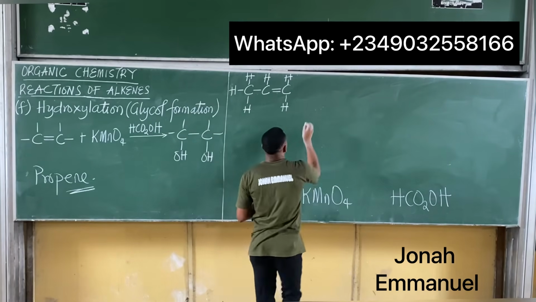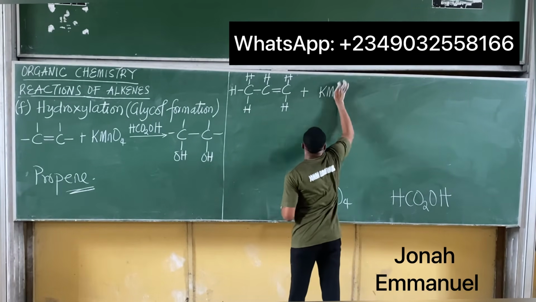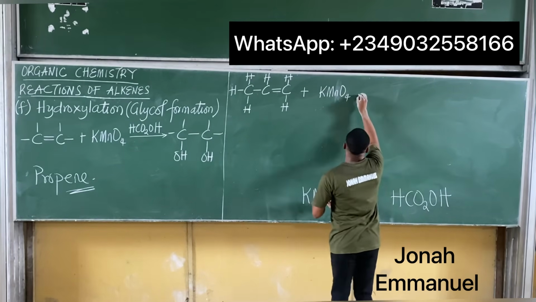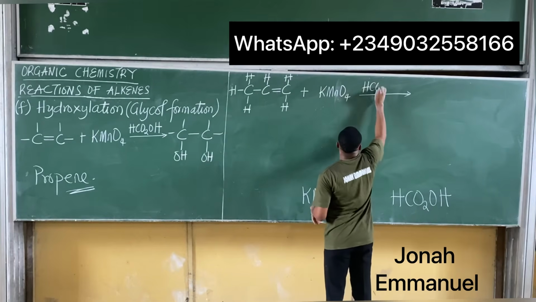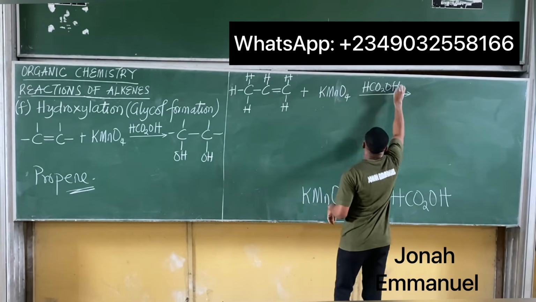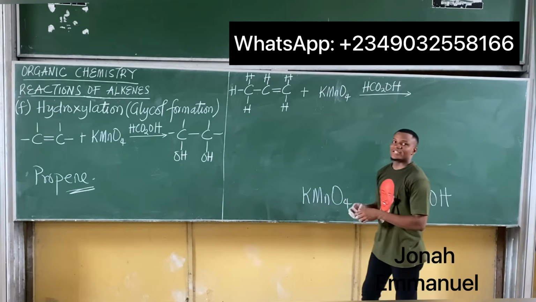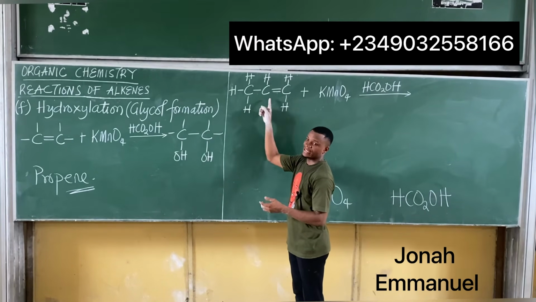Combine this with potassium permanganate, under the influence of performic acid, to give you a diol. Don't forget, we said the 2 OH will come under what there? The carbons bearing the double bond.